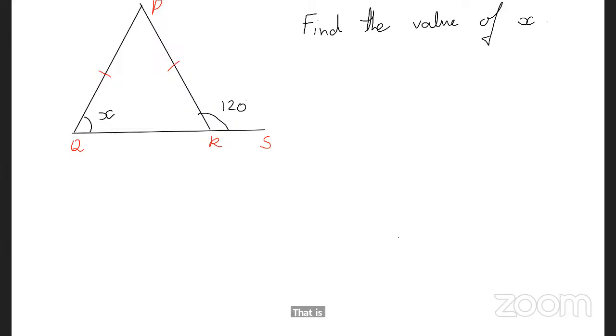A square plus b square is the other two sides, and c square is the hypotenuse. It's just that the sum of the squares of the other two sides equals the square of the hypotenuse. Okay?